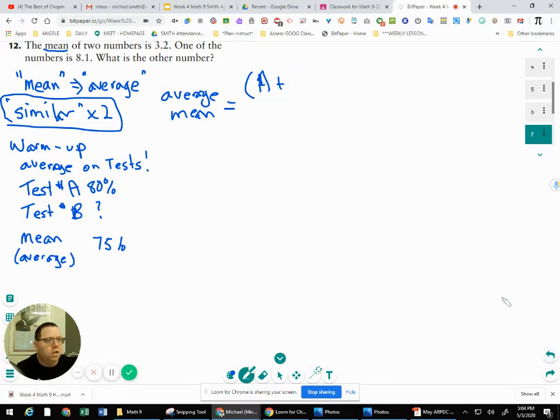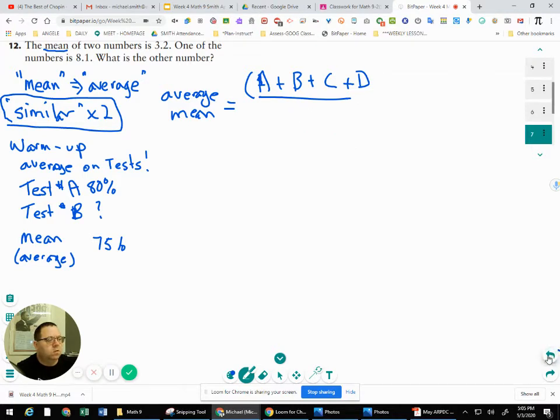If you ended up writing 3 tests, let's say you wrote test A, B, and C, your average would be the total of those scores, sorry, you should really just have a bracket there, the total of those 3 scores divided by 3. And this goes on forever, right? You can say, what's the average if I wrote 4 tests? Well, test A, test B, test C, test D, add up your scores and divide by 4. That would be your average.